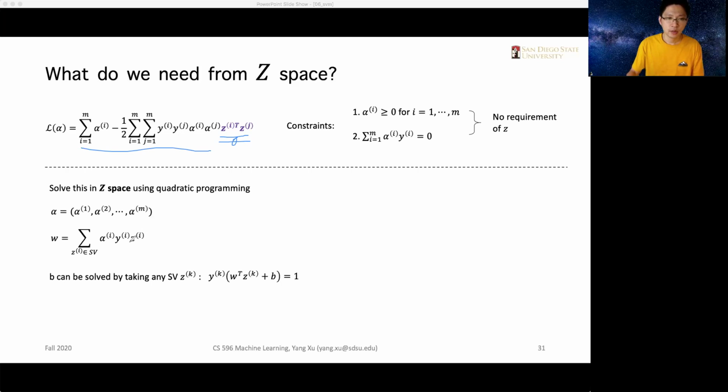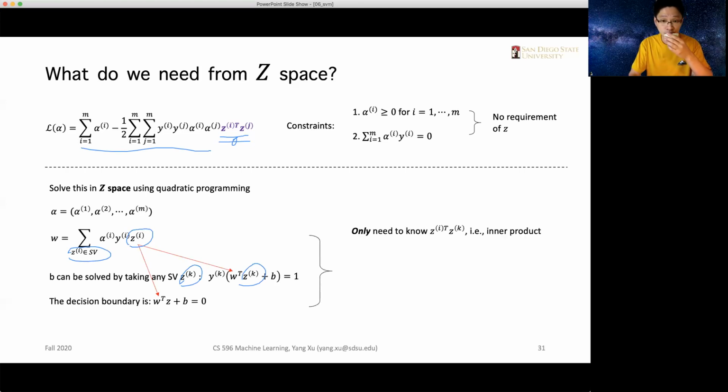For example, pay attention here that the X's are replaced by Z's. The Z's are actually here, not X's. After the alpha, W and B are solved, we can compute the decision boundaries here. So we only need to know the dot product between Zi and Zk, any 2 data points in Z space.